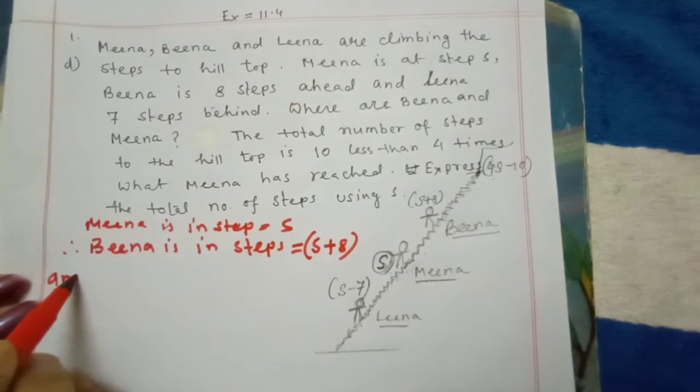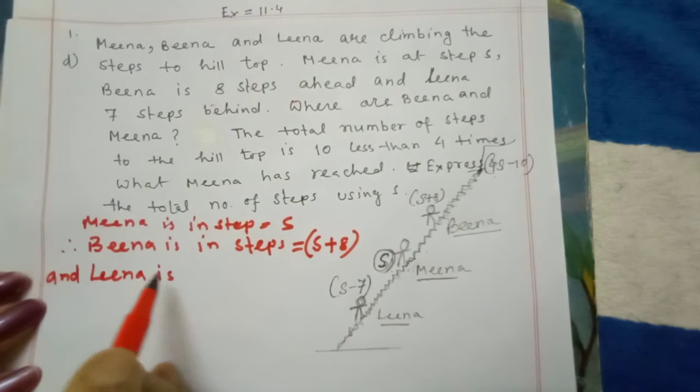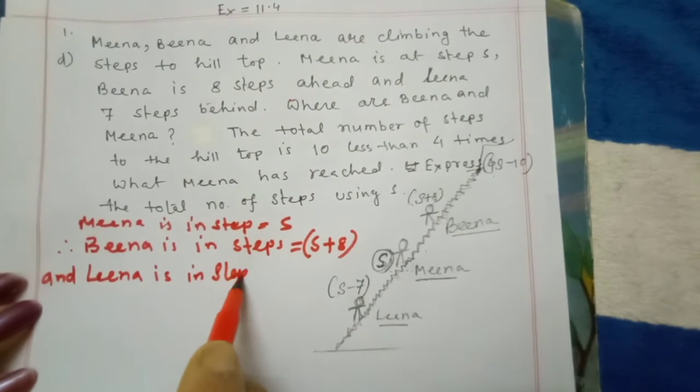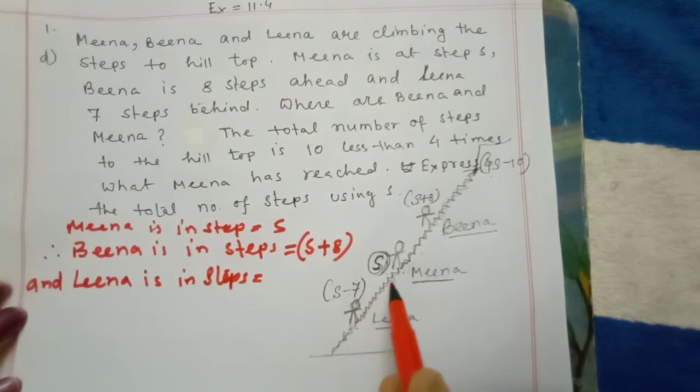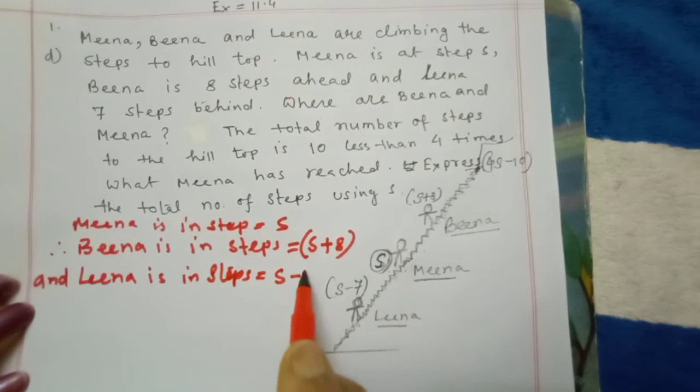And Lina is in which step? She is 7 steps behind, so S minus 7.